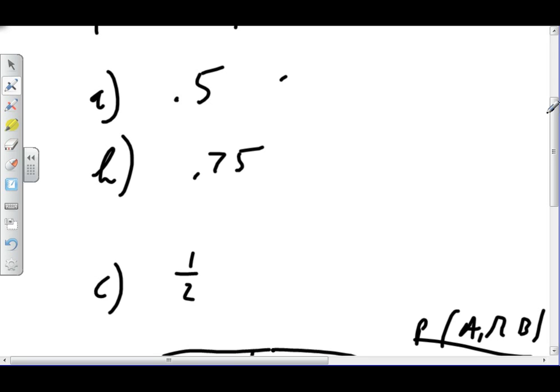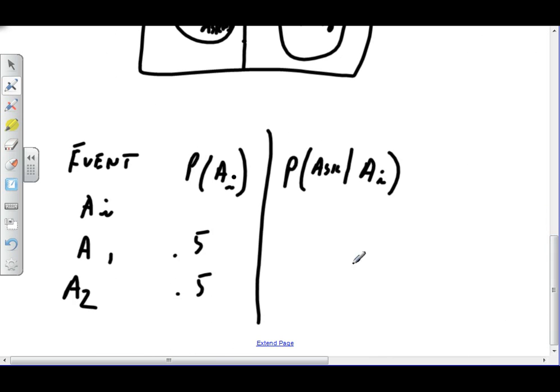We'll come back down to our thing here. The probability of success, 50-50. The probability of being asked given success. The probability of being asked given not being successful.